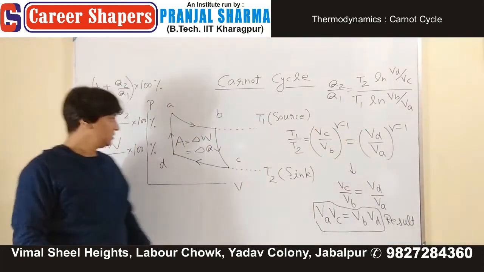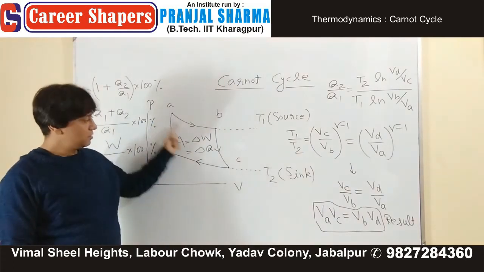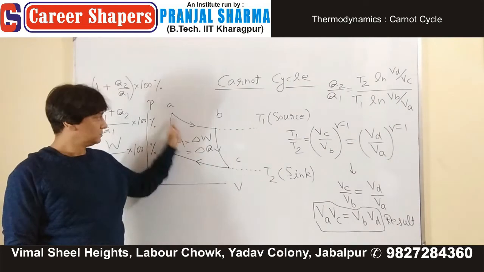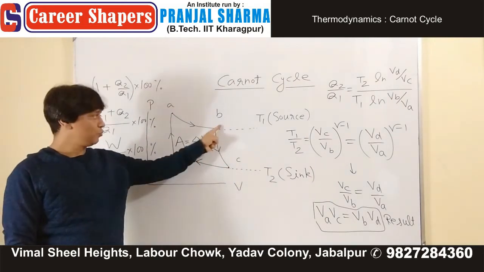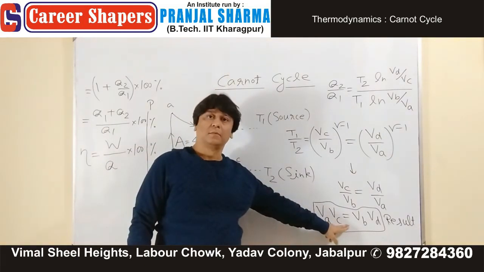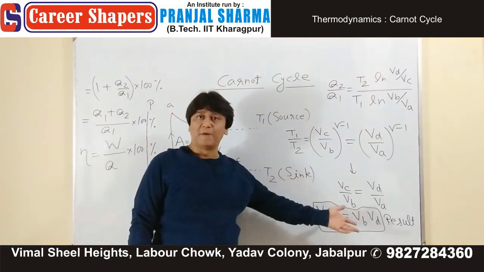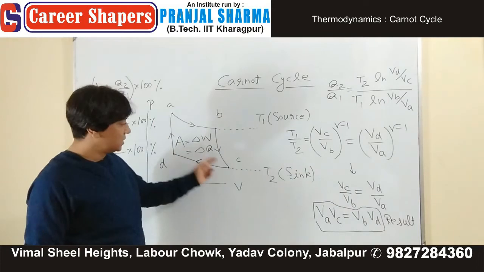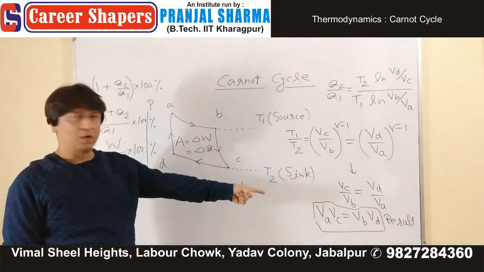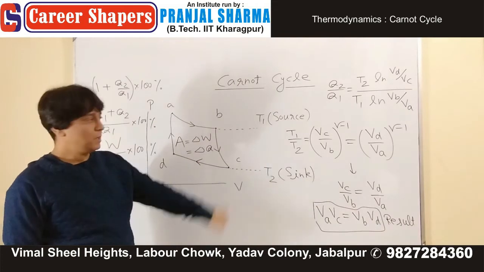What is the result? VA multiplied by VC, multiplied diagonally, is equal to VB multiplied by VD. Very easy to remember. Look at the diagonal terms. Multiply their volumes and they are equal.